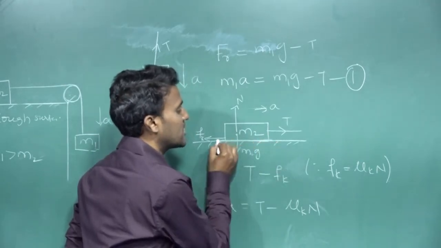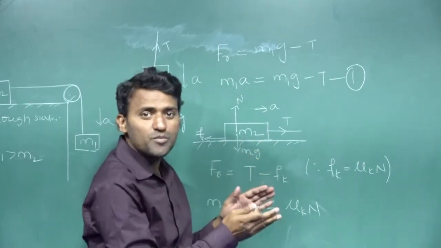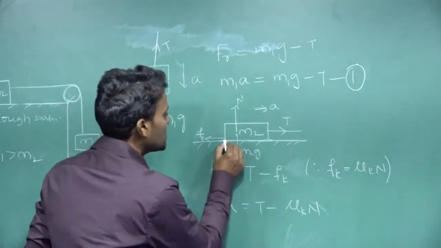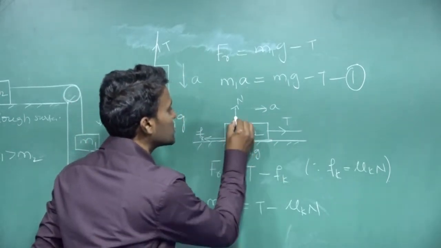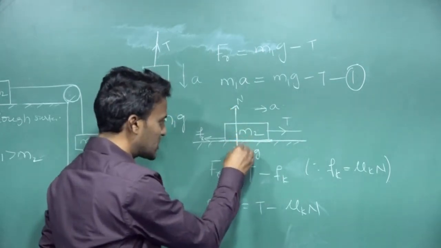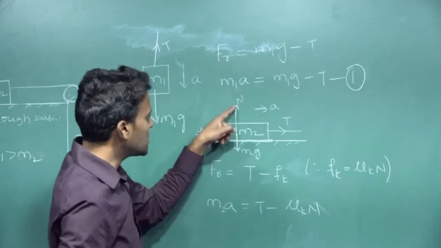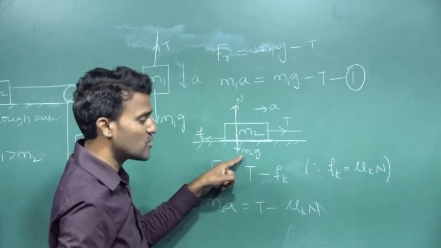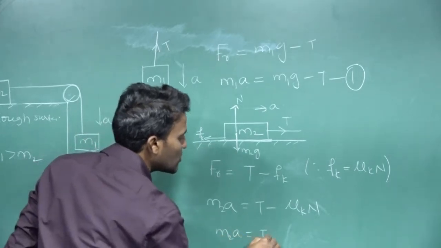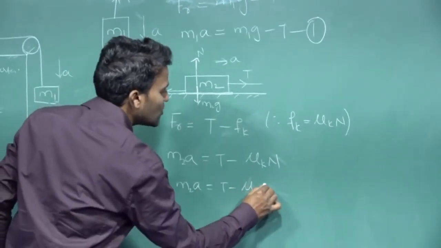This is the plane of contact, where the two objects are in contact. The weight of the object is in the downward direction. So N is equal to, upward force is equal to downward force. N is equal to mg. I am writing m2a is equal to T minus mu k into mg.